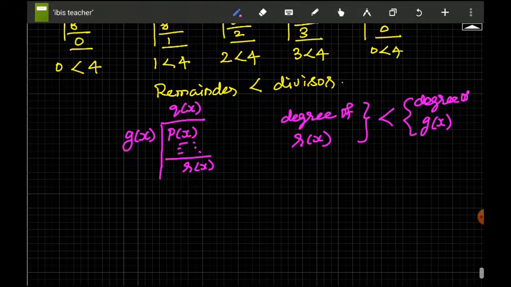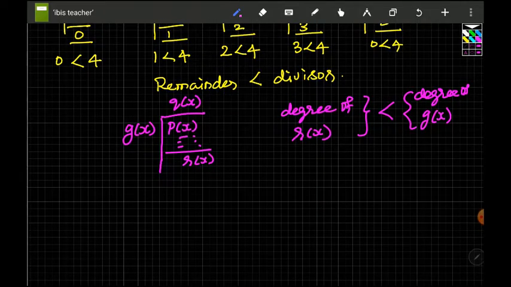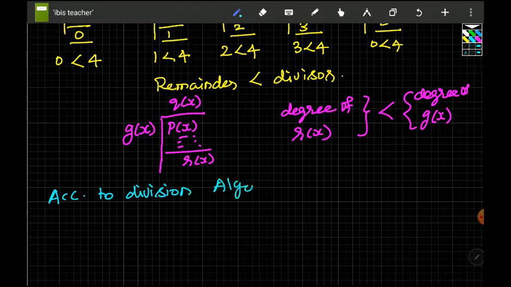So what is the division algorithm which we learnt already? I've just explained it in the previous video, just see to that once.